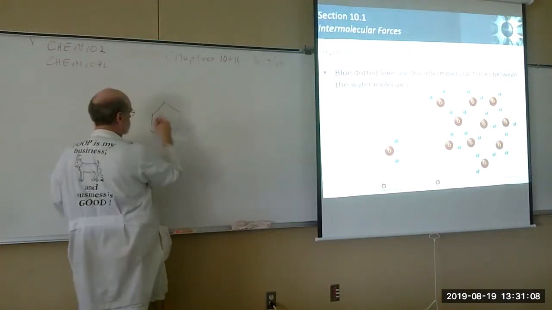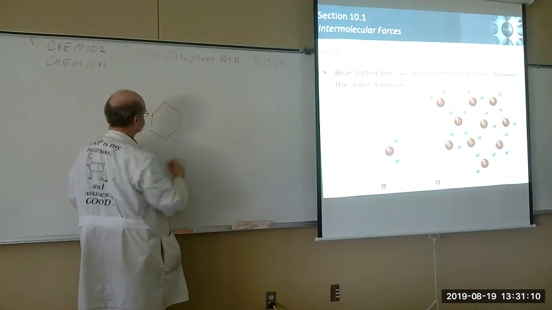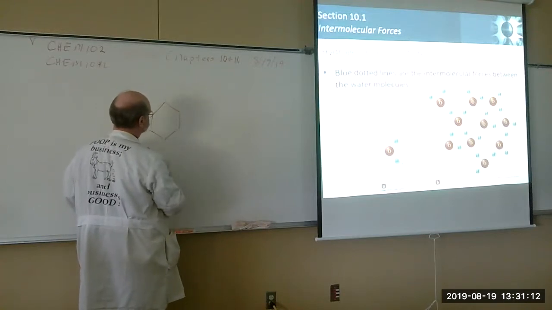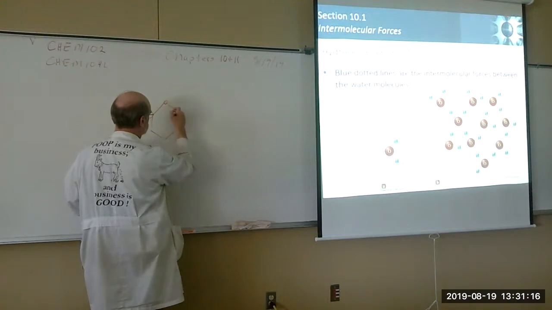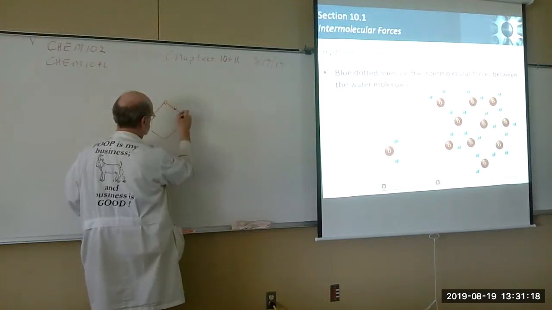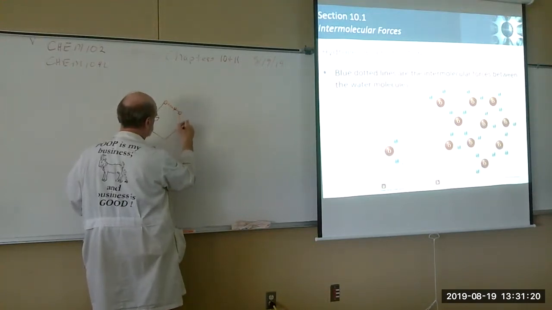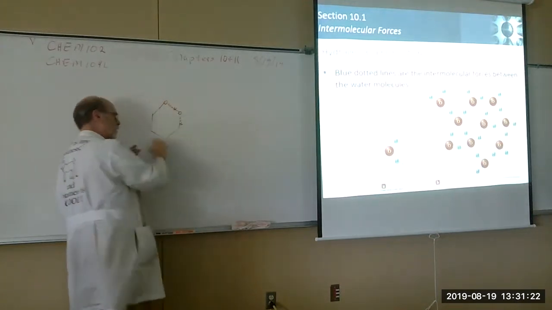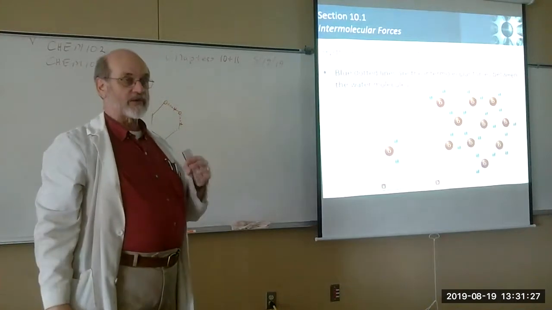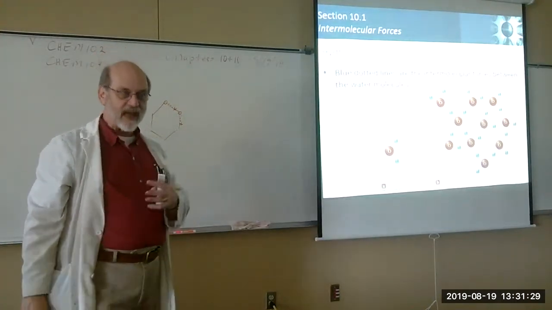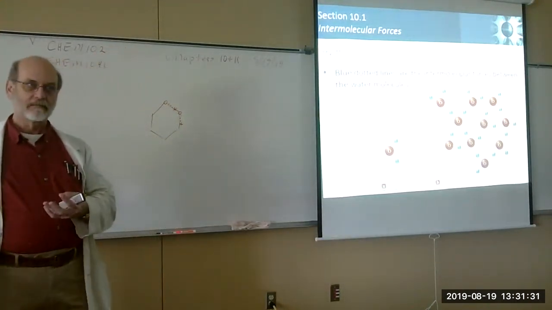Right? With, let's see, with hydrogen here, oxygen there, oxygen here, hydrogen here. So they form this hexagonal structure, and that's why water, when it turns to solid, ice, is less dense than liquid.